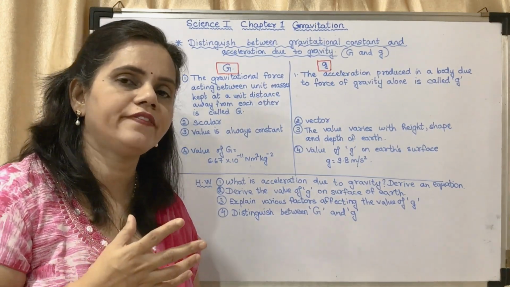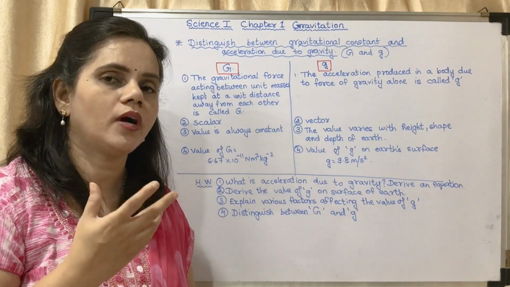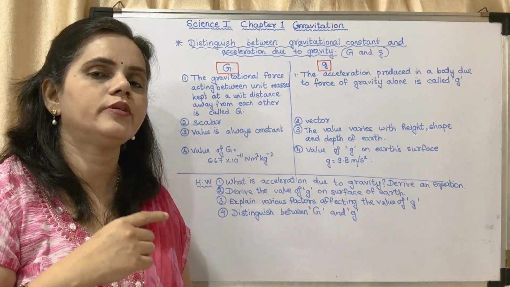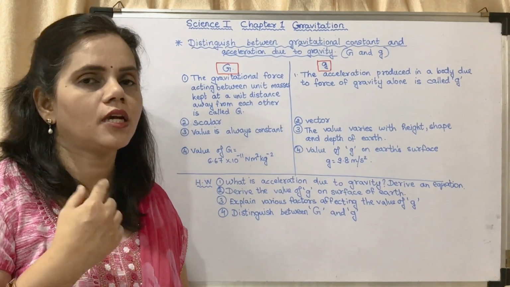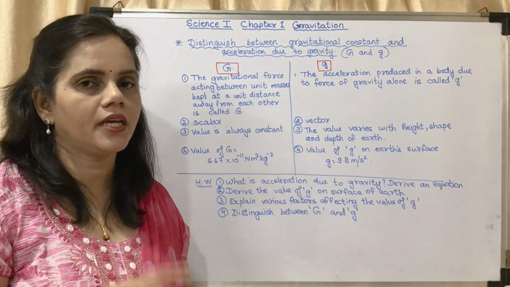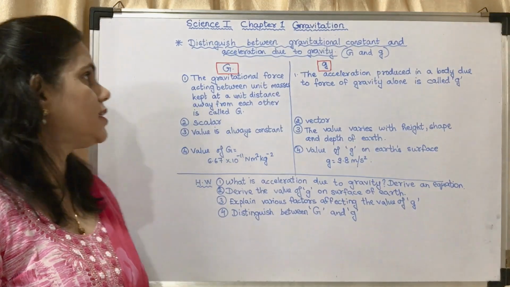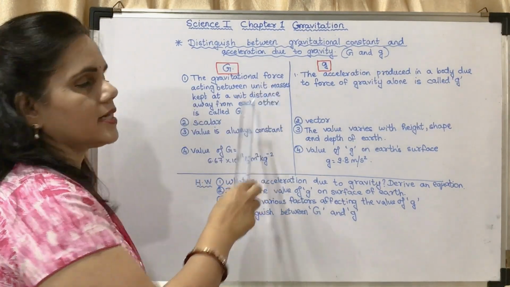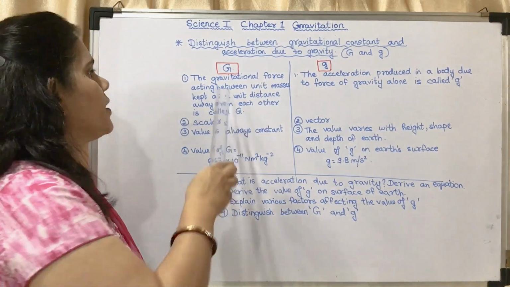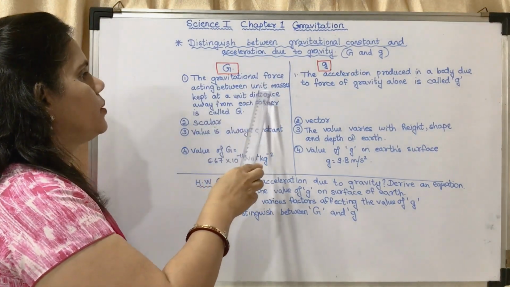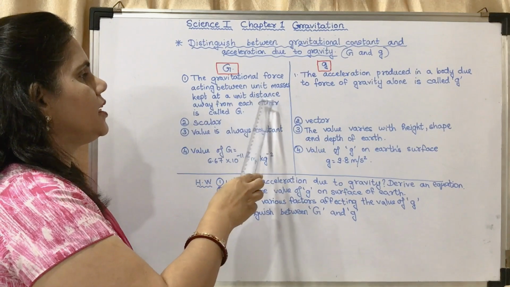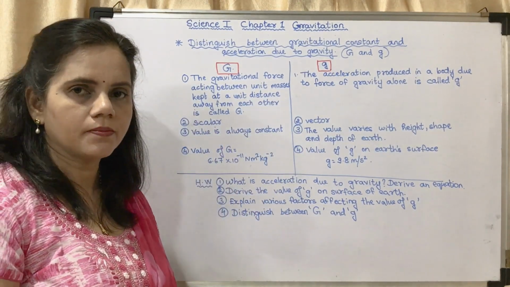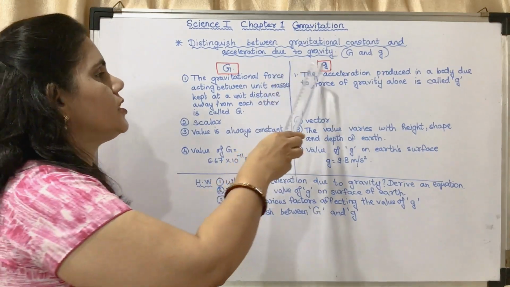With the equation F = G m1 m2 / d squared, when m1 = 1, m2 = 1 and d = 1, then F will be equal to G. So what is G? It is the gravitational force acting between unit masses. Unit means 1. The gravitational force acting between unit masses kept at a unit distance away from each other is called G.